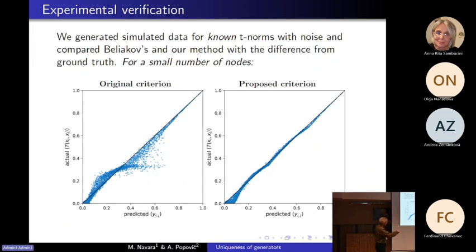So optimally, we should be very close to the diagonal. And we are. Well, the Belyakov's method has much more variance around it, as you see.